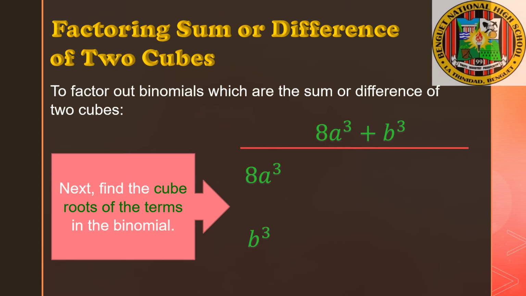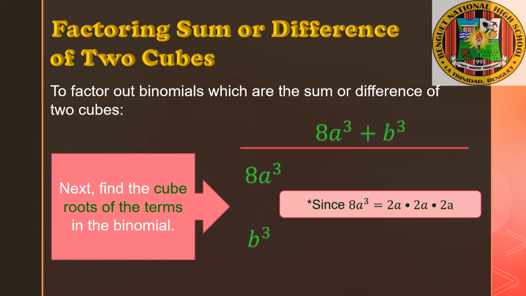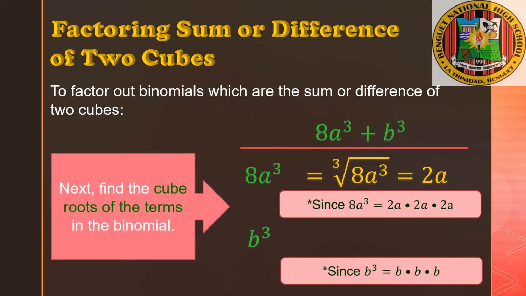And since we can write 8a cubed as 2a times 2a times 2a, then we can say that the cube root of 8a cubed is 2a. Following the same method, since b cubed can be rewritten as the product of b multiplied to itself 3 times, then we can say that the cube root of b cubed is b. The roots therefore of the terms of our given binomial are 2a and b.